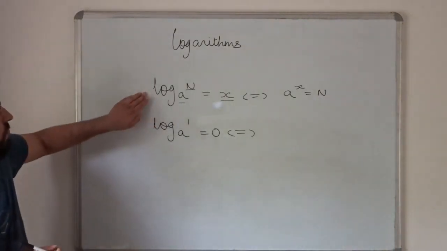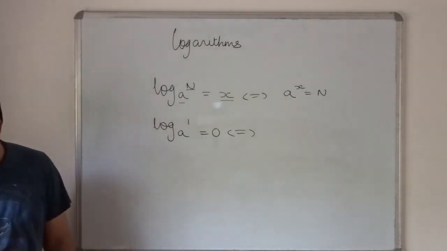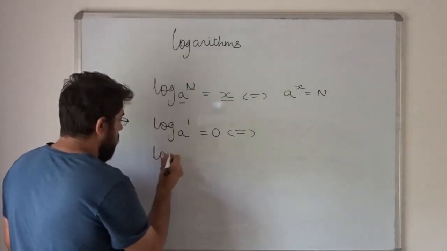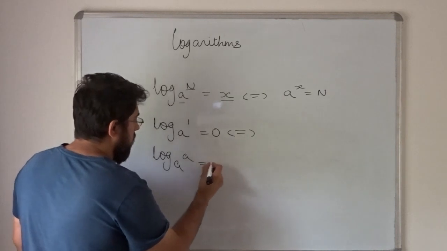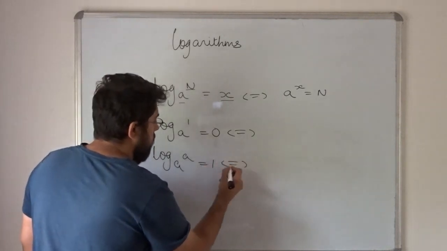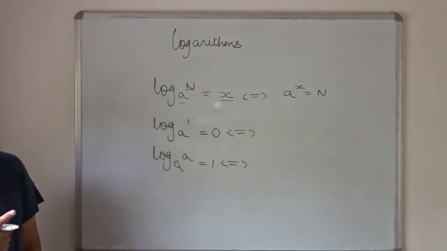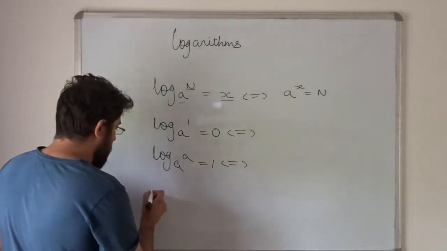Obviously, you need to remember this, but then after that, you have to remember this. And then another one, which is very simple, is this one. Log a base a equals 1. Okay? And then now one more, which is kind of a bit tricky, but you can do it.